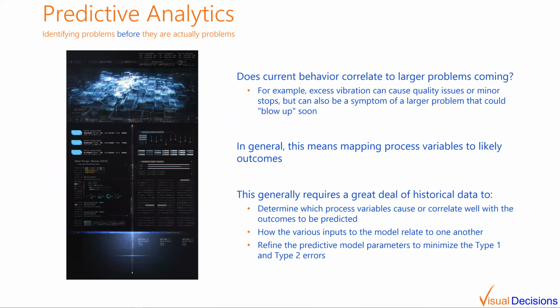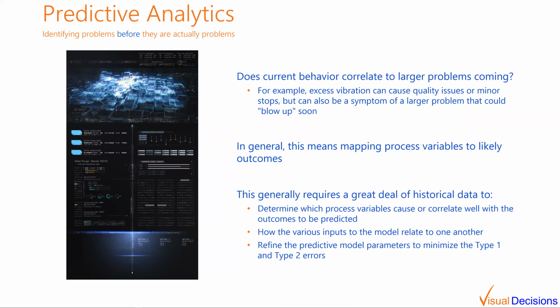I'll say a word about predictive analysis as well, where instead of looking at the problems that have already occurred, obviously with machine intelligence, we have the capability of identifying problems before they actually become problems.